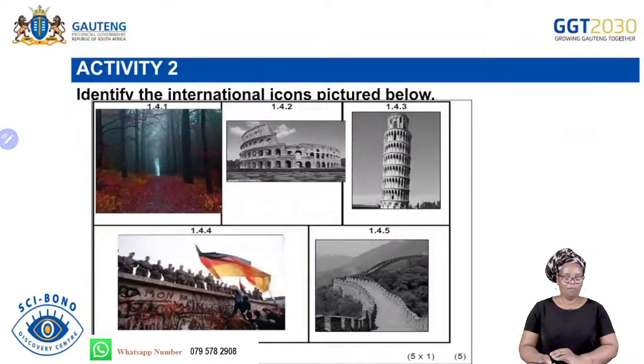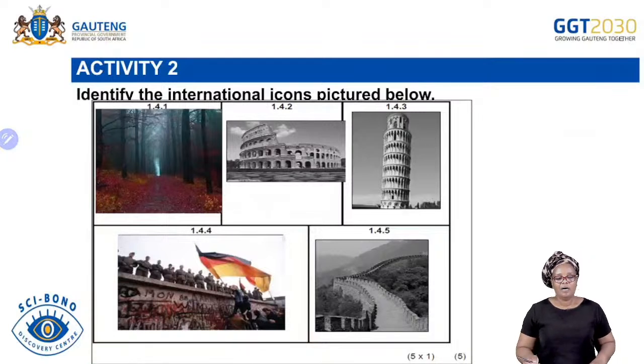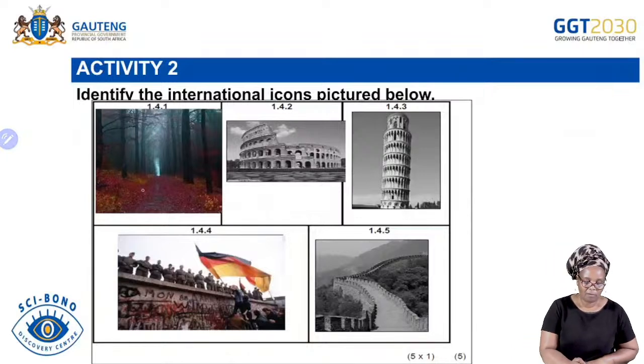The second one, I want us to look at this activity. I want you to remember the pictures of the icons that we have just done now and try to get the right answers from this. We have 5 pictures. This is the first one, 1.4.1.